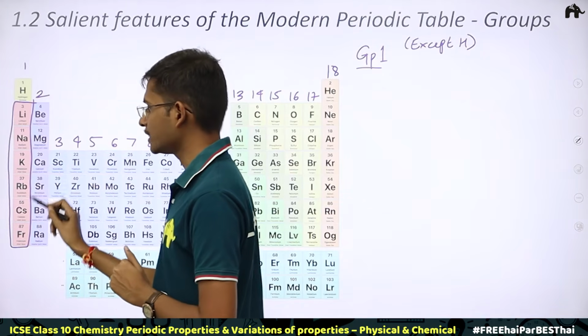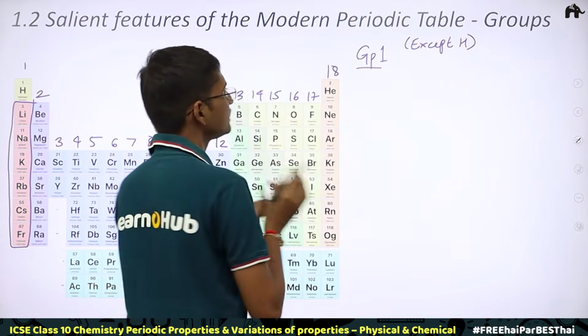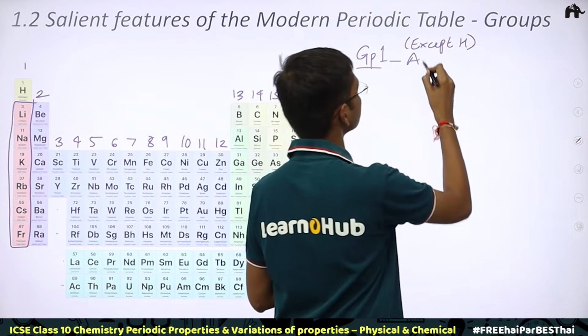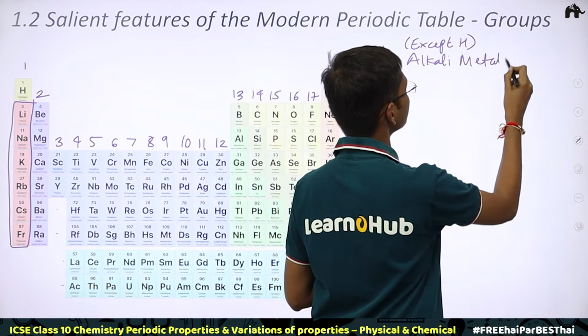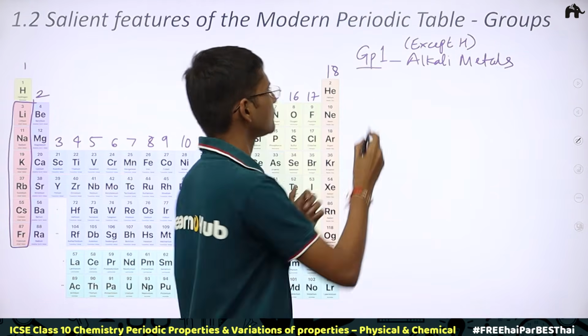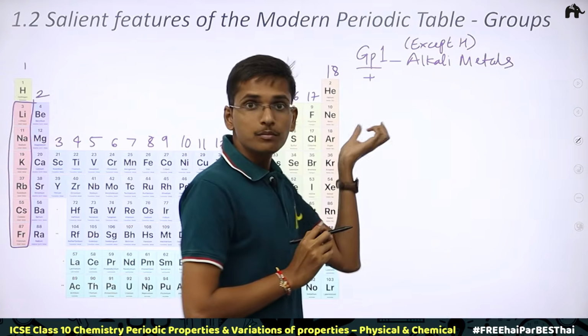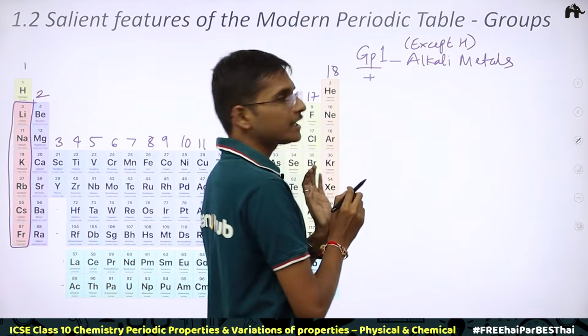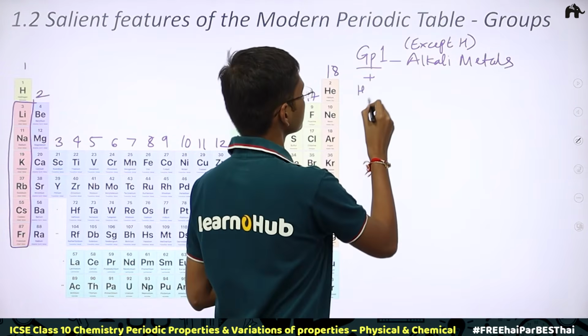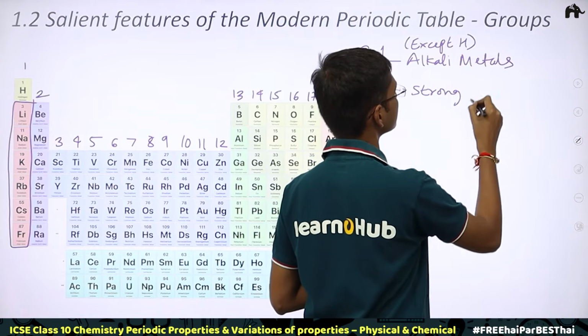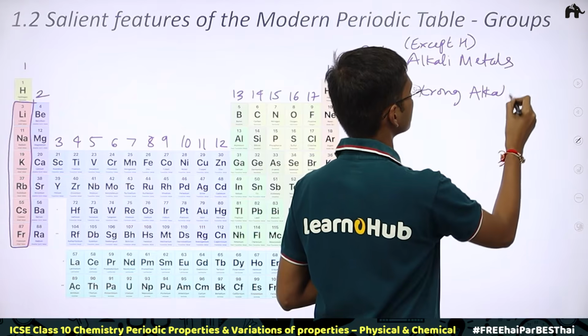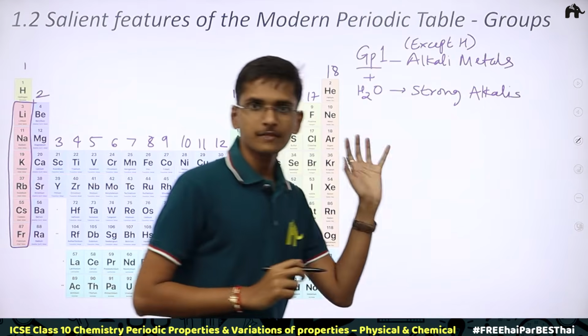Lithium, sodium, potassium, rubidium, cesium, francium. These elements are called alkali metals. Now why are they called alkali metals? It's very, very simple to remember, because these group 1 elements, except hydrogen, react with water to form strong alkalis. That's it. So they are named as alkali metals.